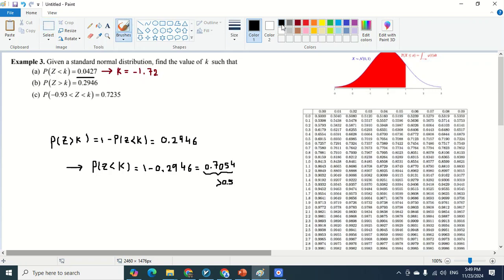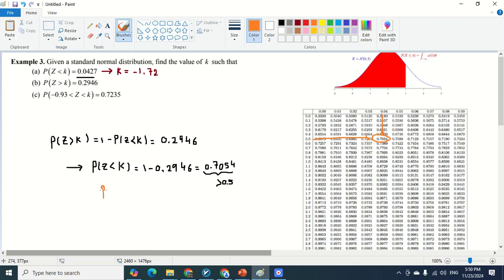Let us look for the value 0.7054 inside the table, and as you can see, we find it in this location. By finding the corresponding value at the top and at the left side of that value, you can find the value for k.